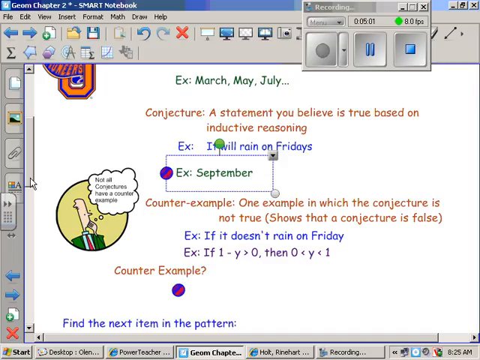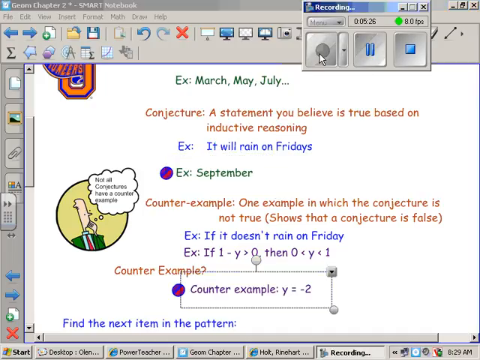What would be a counterexample to this? If 1 minus y is greater than 0, then y is between 0 and 1. If that's true, then you wouldn't be able to find any y's outside of 0 and 1 that would make this true. Can anyone think of a counterexample? A counterexample is a specific example that makes the statement false.